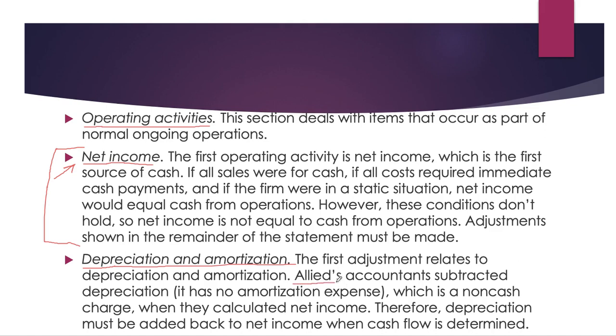For our example, this company, Allied, accountants subtracted depreciation and assumed that this company has no amortization expense, which is a non-cash charge. As I said, we are considering this, but we are not immediately paying out cash for this depreciation or amortization. Therefore, depreciation must be added back to net income when cash flow is determined.